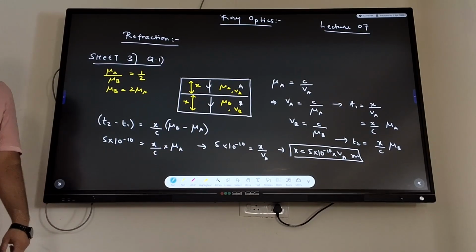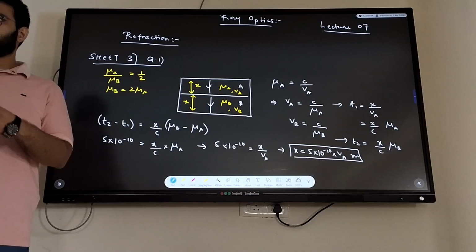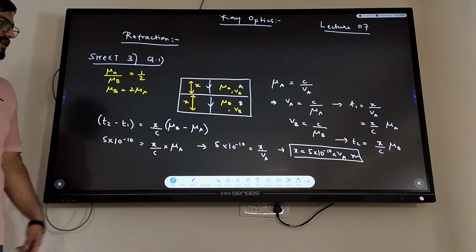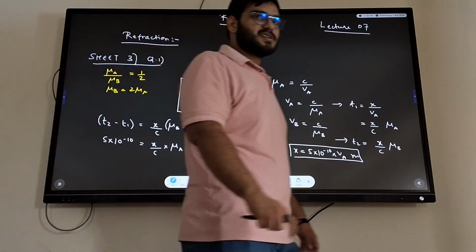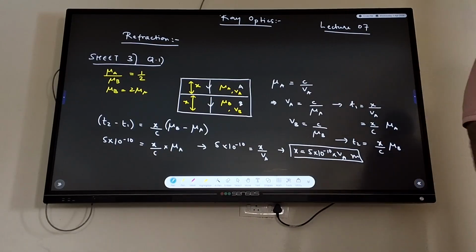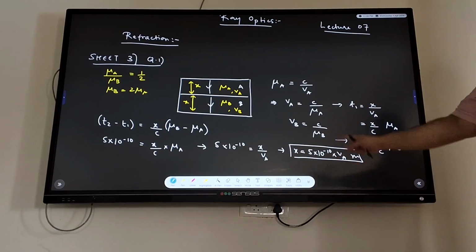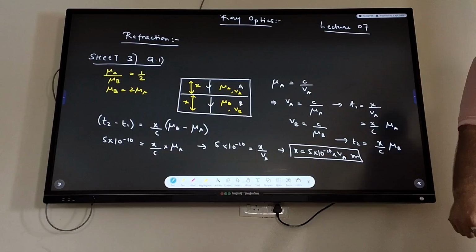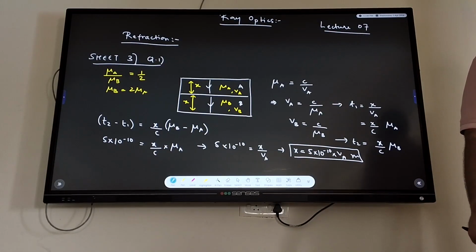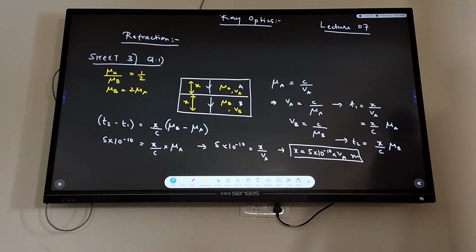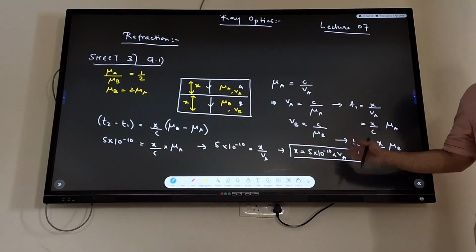It was very simple. Make two equations, subtract, and then you will get the answer. Do you understand how to proceed? Some information about time was given, that's why I made the equations of time, and I used a simple formula, speed equal to distance over time. Is there any problem in this?